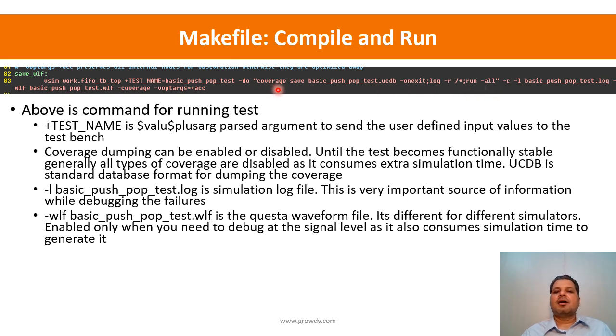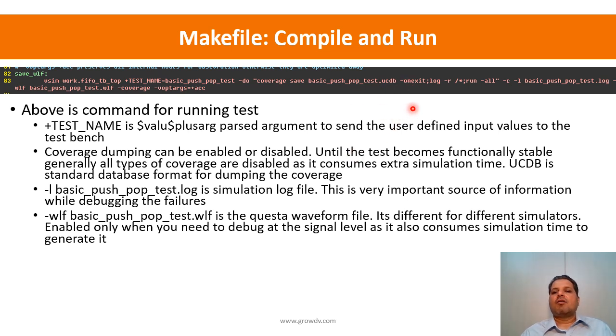So we are saying we want the coverage database to be saved as basic push pop test.ucdb. UCDB is the Universal Coverage Database that has been defined by Accellera, and many simulators now support it. This is a standard coverage database format.